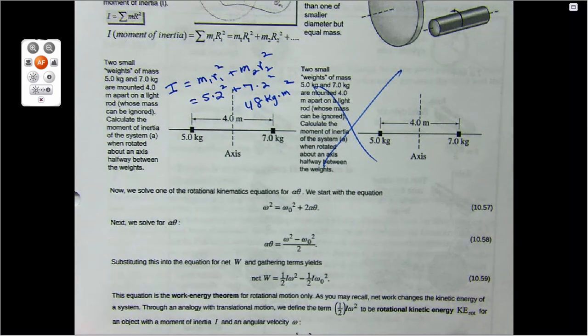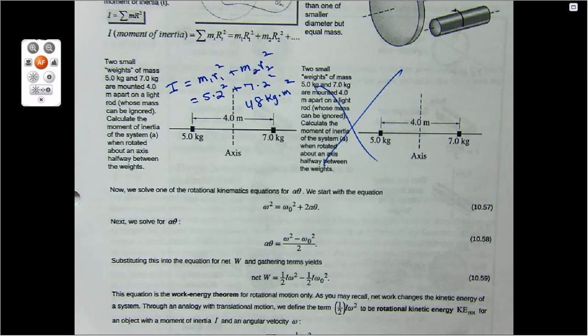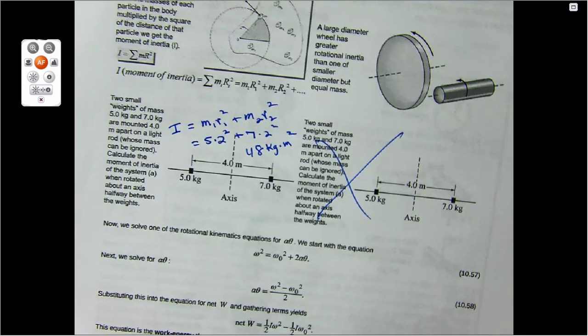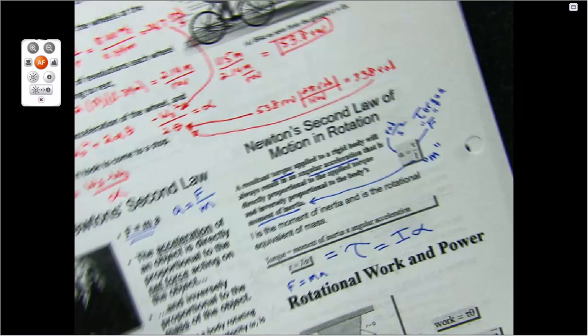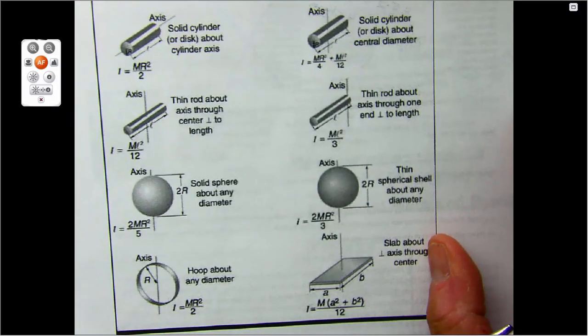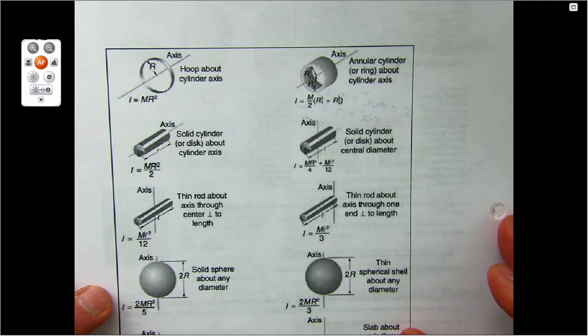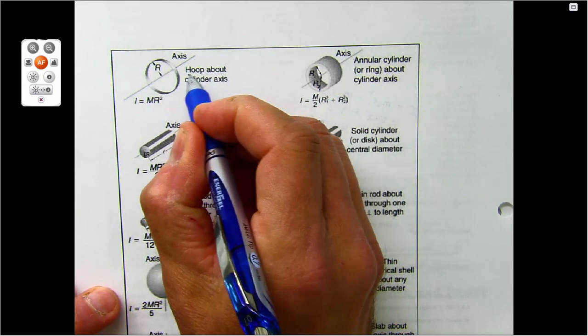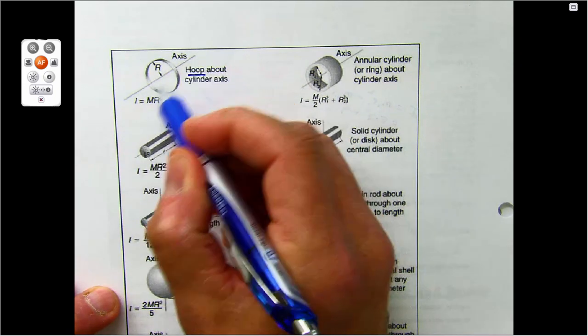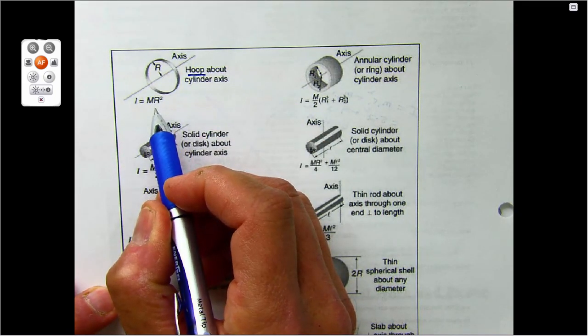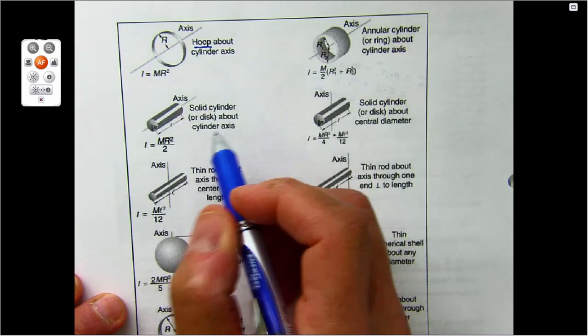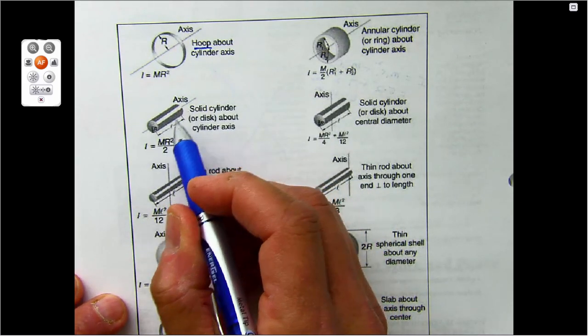But let's look at the chart on the next page. On the very next page, this is where you have to look at your moments of inertia. You got a hoop here, central axis, it is just mr squared. You have a solid cylinder or disc about the cylindrical axis here.